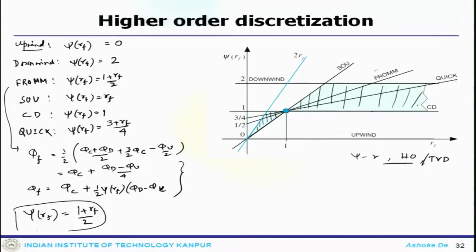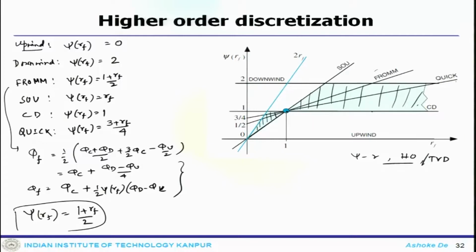Now, all these are shown here. So, the limiting psi RF of various schemes are also given, and the schemes which pass through this and lie within the shaded region will give you different kinds of higher order TVD based schemes. Now, another thing is that for many TVD schemes available in the literature, we can see the limiters and present the functional relationship of their limiters.